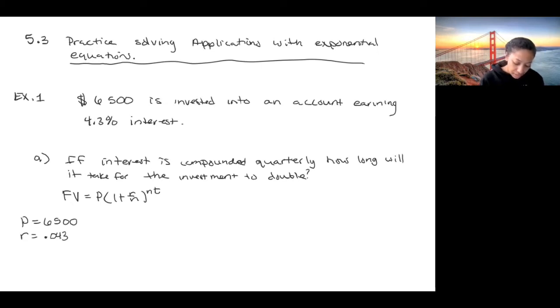And for the value of n, we're compounding quarterly. So these are the important things we need so far. Quarterly is 4 times a year, so n would be equal to 4. And then the last variable there is t. t is what we're trying to find.